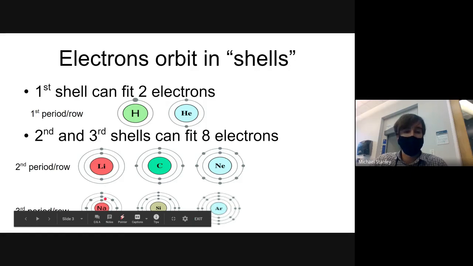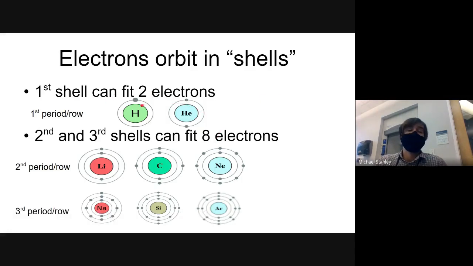So now we have 1, 2, 3 electron shells. The third electron shell is very similar to the second shell. It can also fit 8 electrons. So the first shell is only 2, but the second shell is 8, and the third shell is 8.